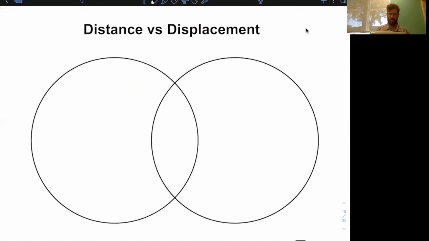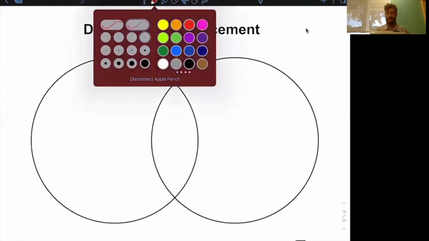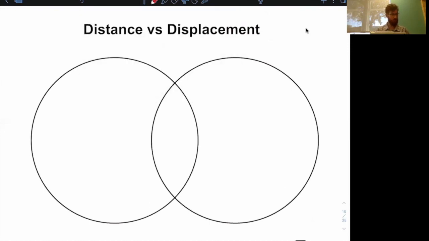The one thing we want to talk about right away is what they have in common. We both know that they use the unit of meters. That's cool. We both know that they go from spot A to spot B. Okay, that's all right. It's a little general, but we can work with that.